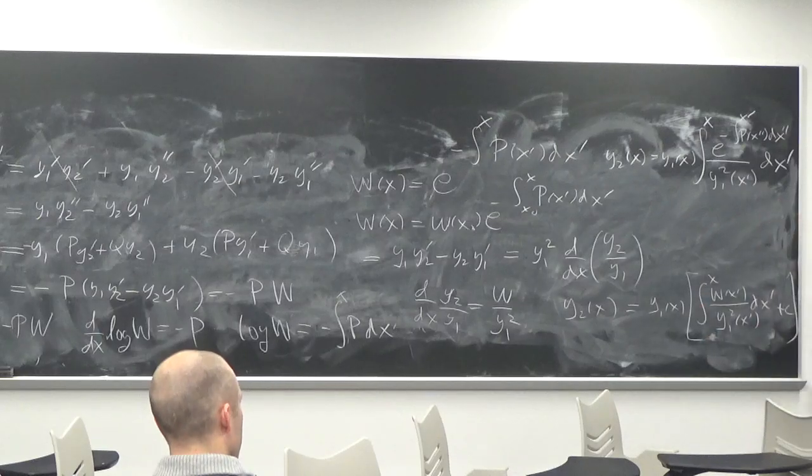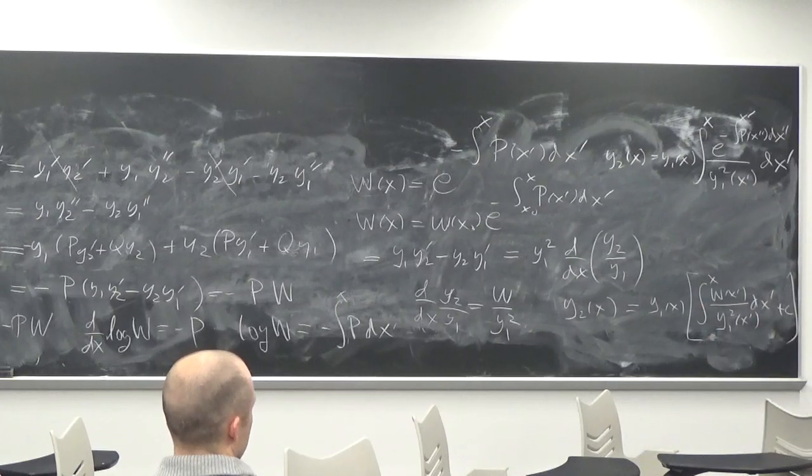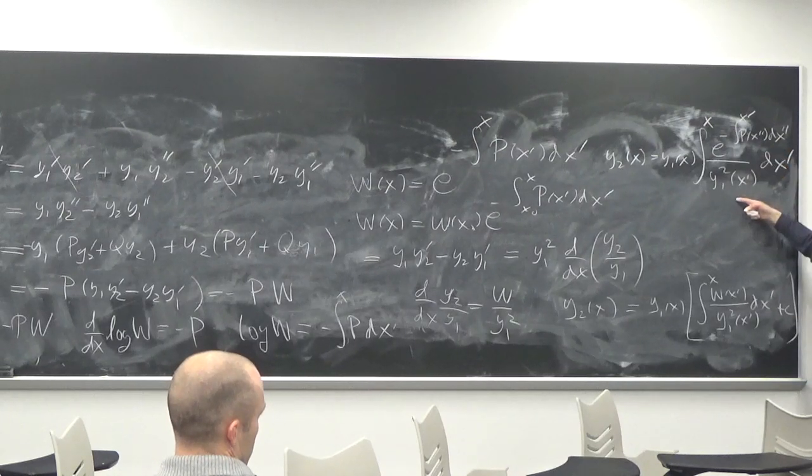So you have to do two integrations. You first find out what the Wronskian is, then you integrate it over y1 squared, and you get the second solution.